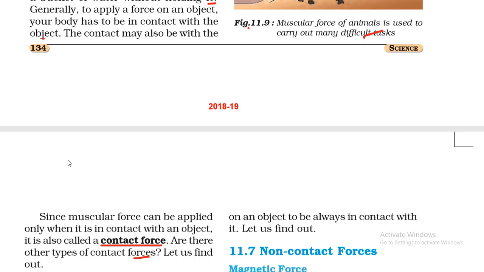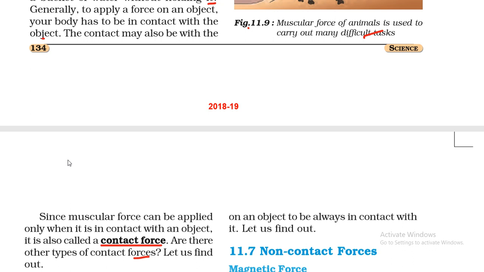So why does it come to its initial state? Because when you apply some force by two hands, there is another force developed inside the rubber band, and that force is known as tension in that string, and it helps the rubber band to regain its initial shape, or you can say initial length.